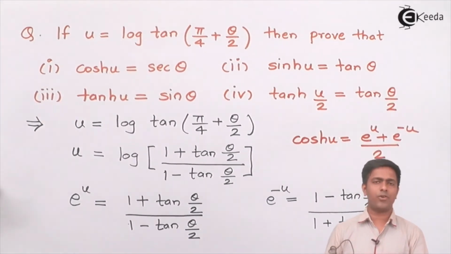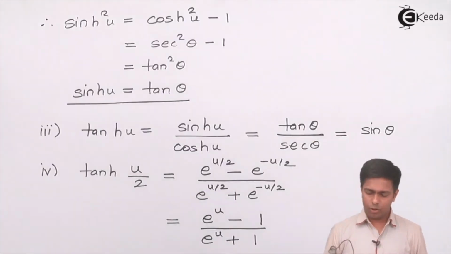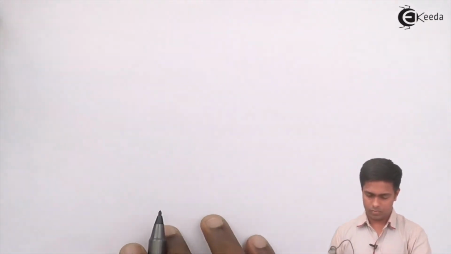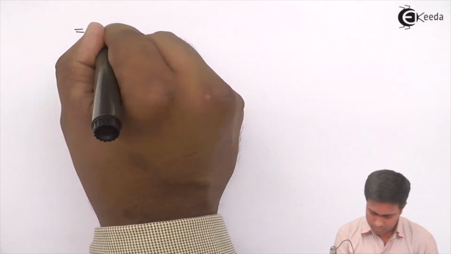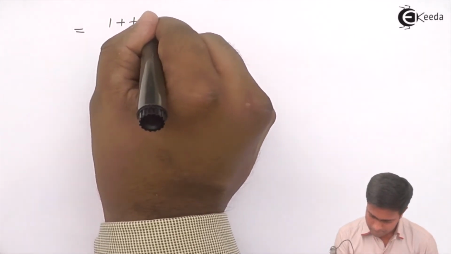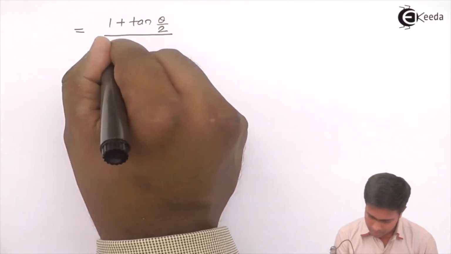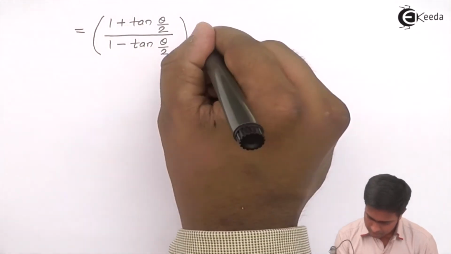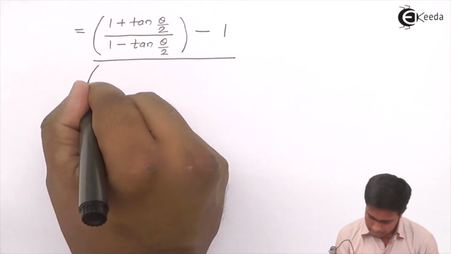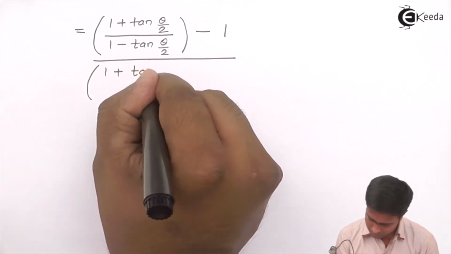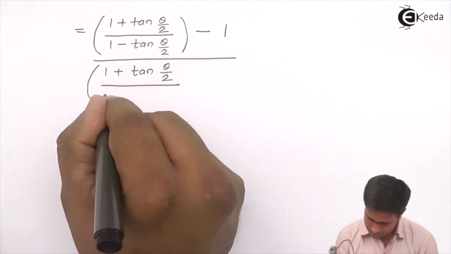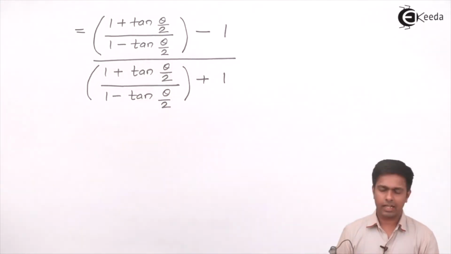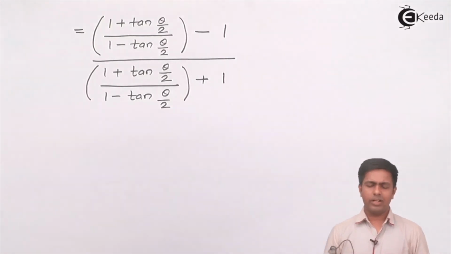So now it's just a matter of simplification. Let's put this value in the numerator as well as in the denominator. Here I've substituted the values. Now let's do the simplification.